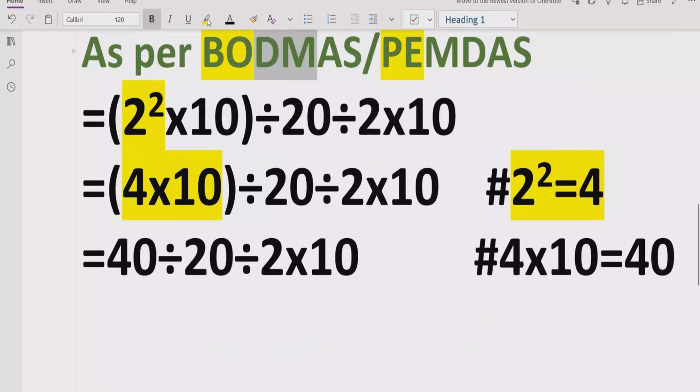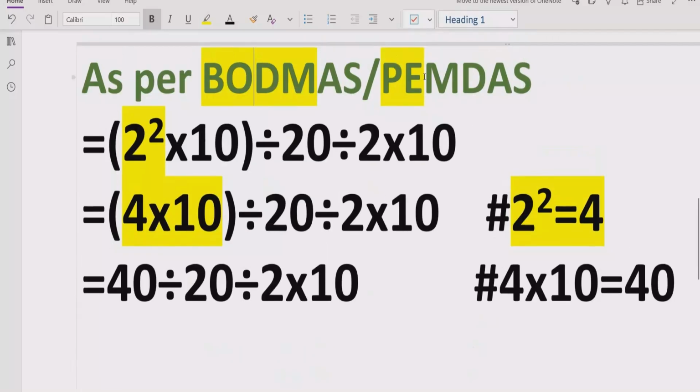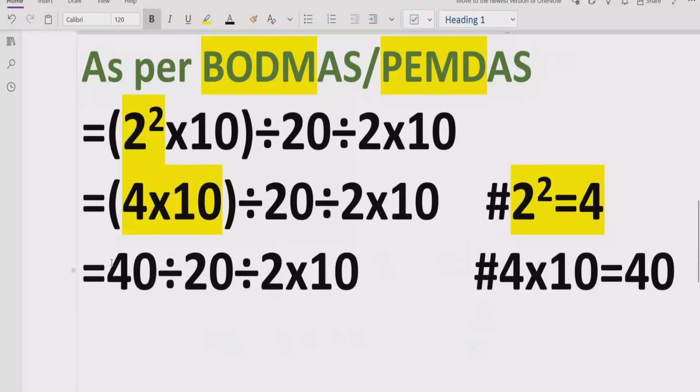Now move forward for division and multiplication, or multiplication and division. Now this is the step. Here we can go in two different ways and we get two different answers. But the rule is the same for both options, BODMAS and PEMDAS. If you are using PEMDAS, you cannot say I will solve the multiplication first, and if you are using BODMAS, you will say I will solve the division first. No, the rule is the same.